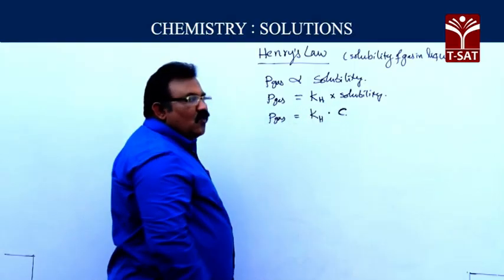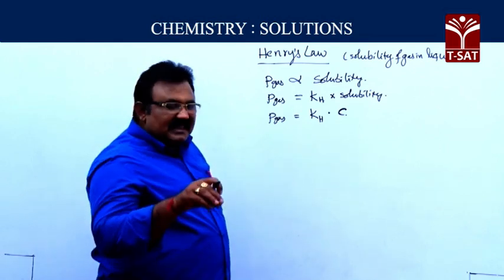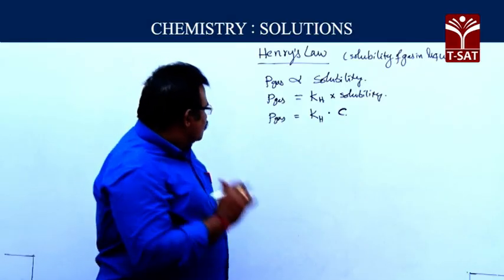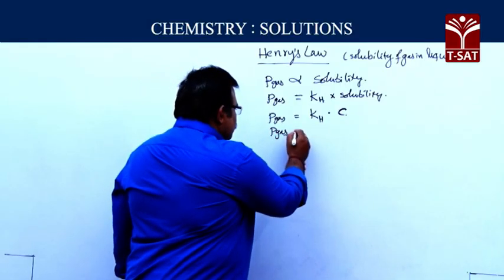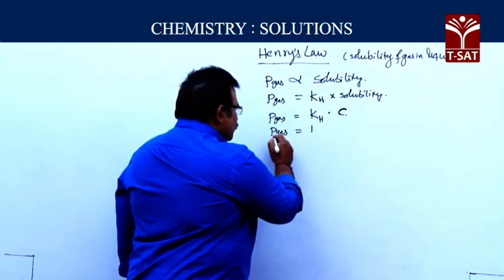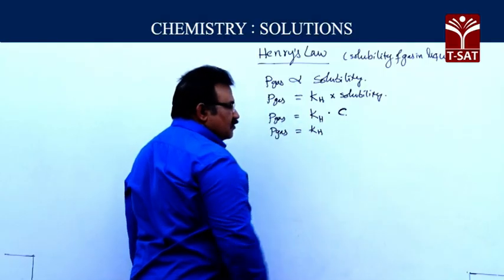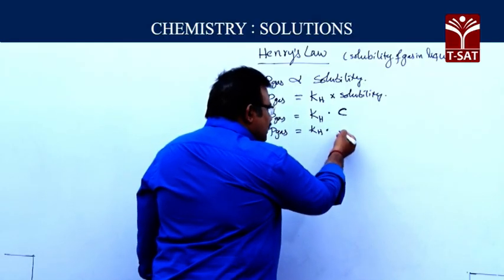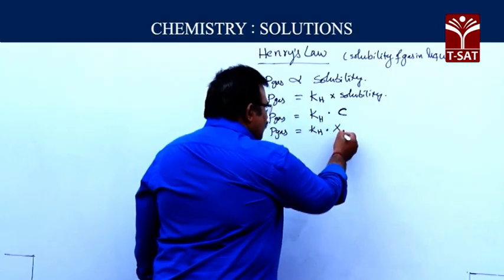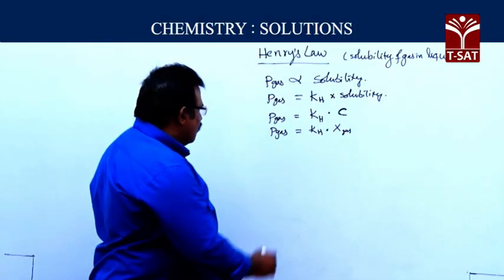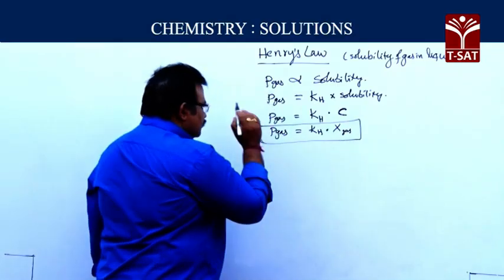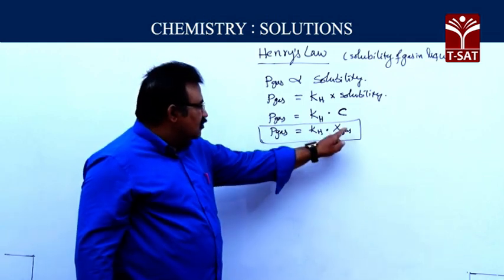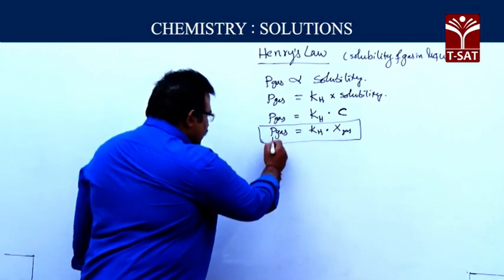If the liquid is having more gas, the fraction of gas in the liquid will be more. So, the equation: pressure of the gas equal to KH into mole fraction, since more concentration means more mole fraction of that gas in the liquid.